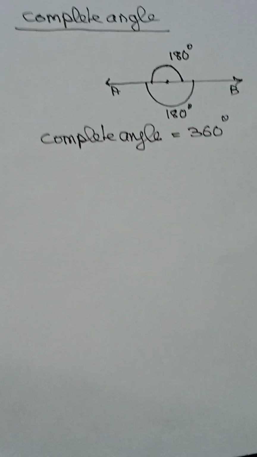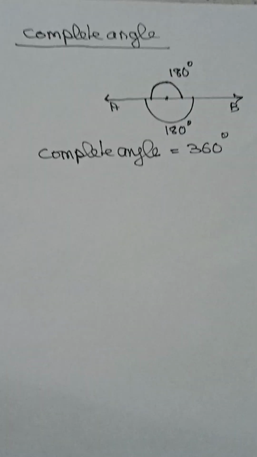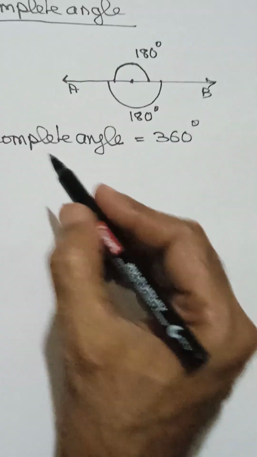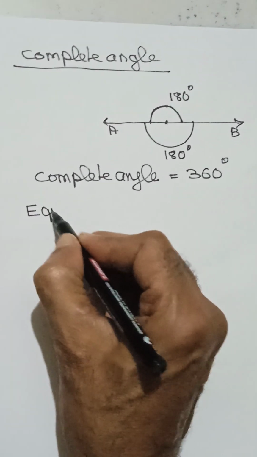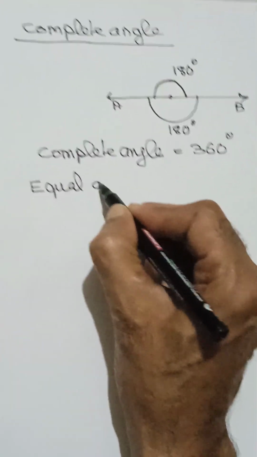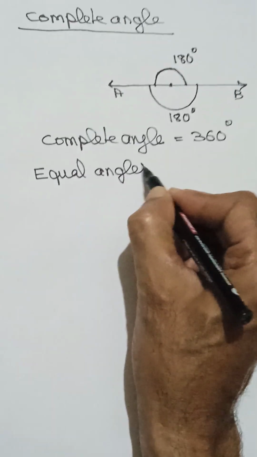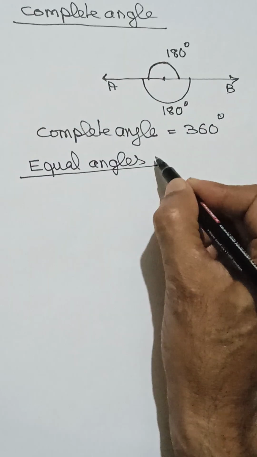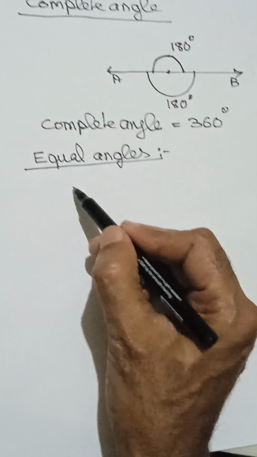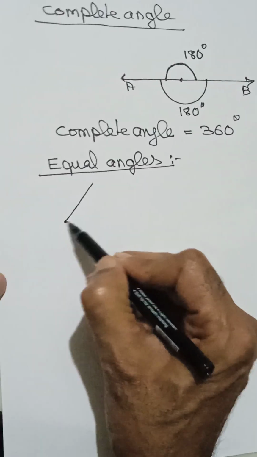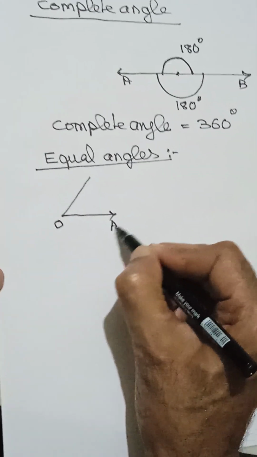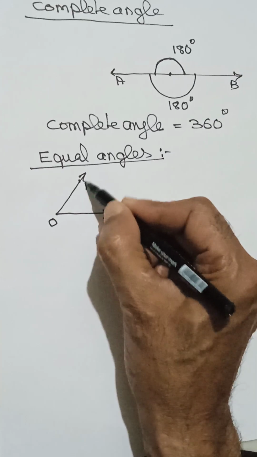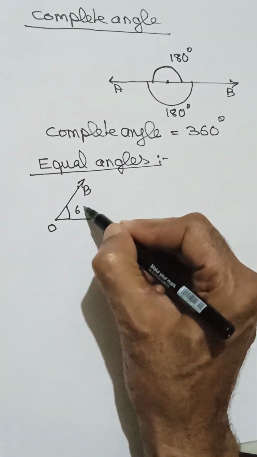Now we'll understand equal angles. Guys, if the measures of two angles are the same, they are said to be equal angles. Suppose it is angle OAB and suppose it is 60 degrees.